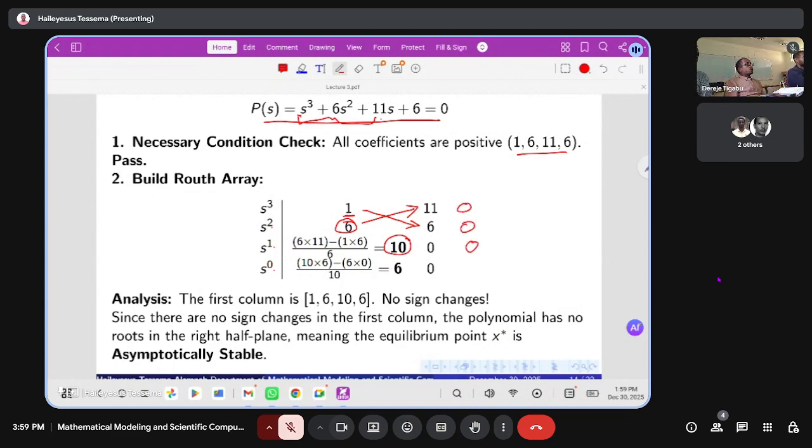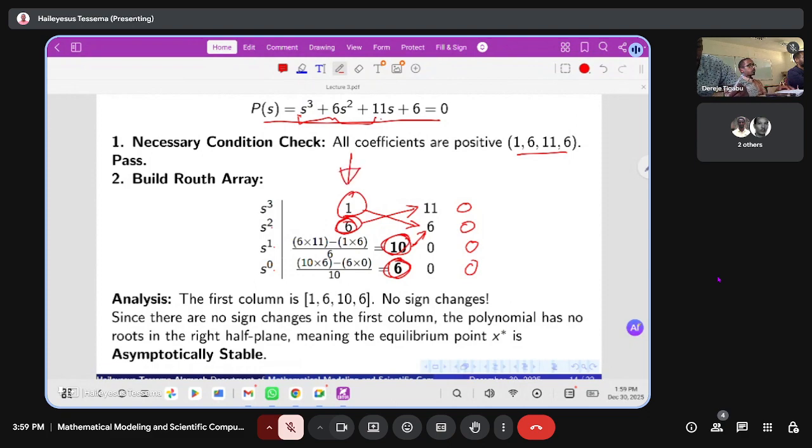To find the next one, we take 10 as a pivot, then 10 times 6 minus 6 times 0, over 10, which gives 6. So you can see that this one is positive, this one is positive, this one is positive, this one is positive. There is no sign change in the first column.